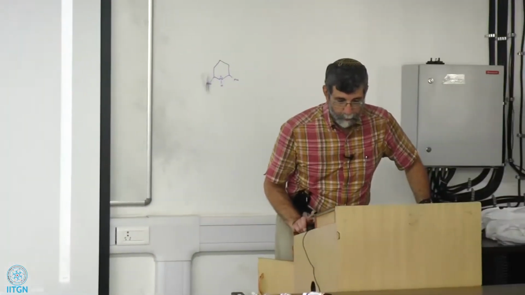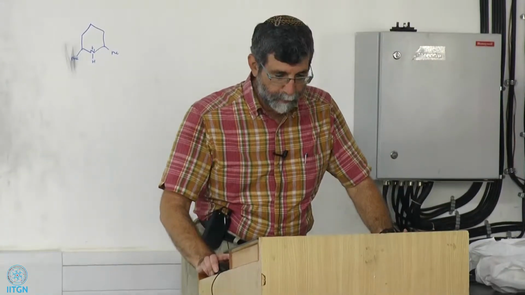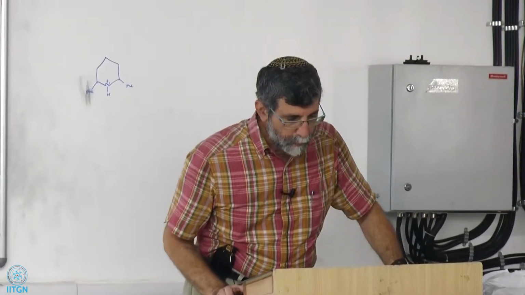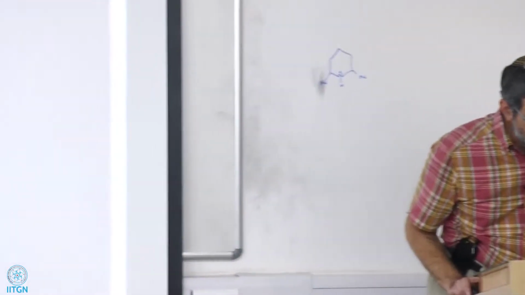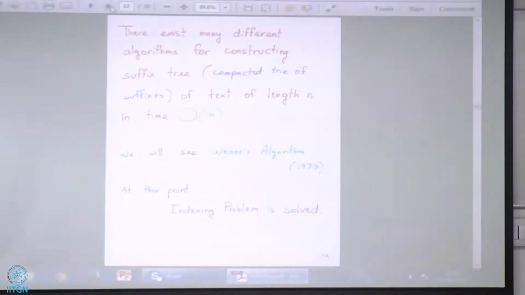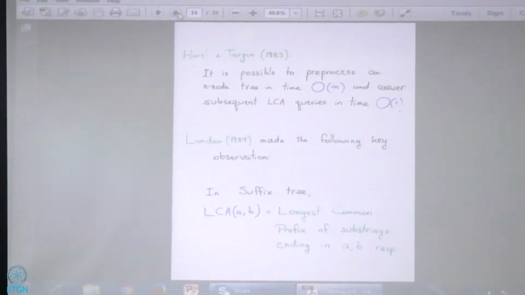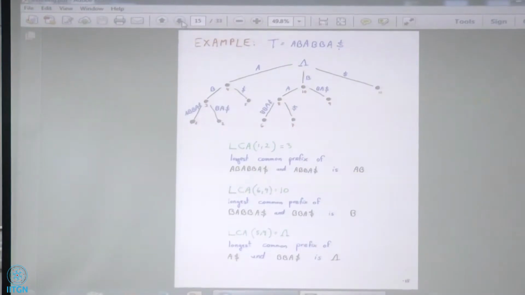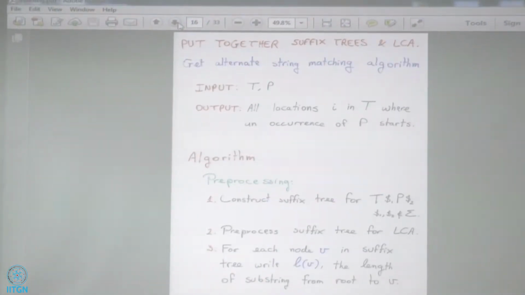All right, so let's go back. Before I go to the LCA, let's go back to the indexing. So Weiner's algorithm we just saw, but we saw a bunch of examples yesterday of how we can use suffix trees and LCAs.